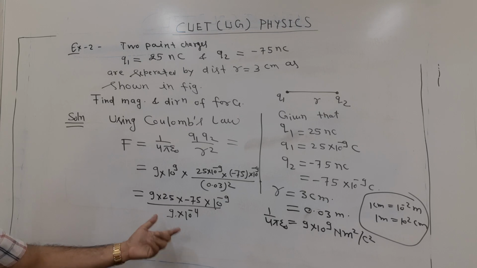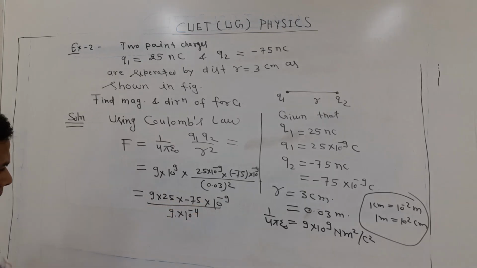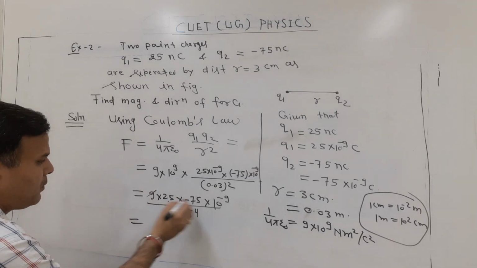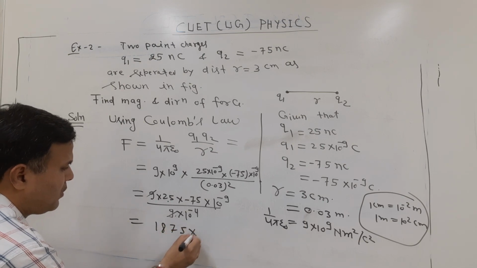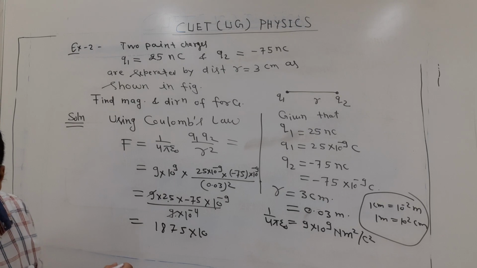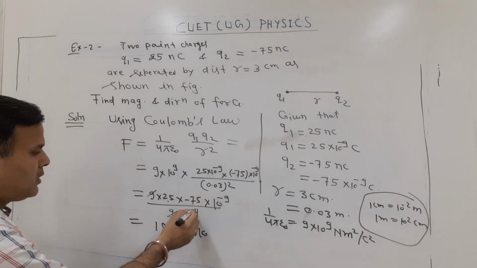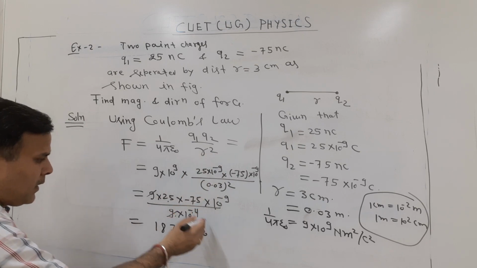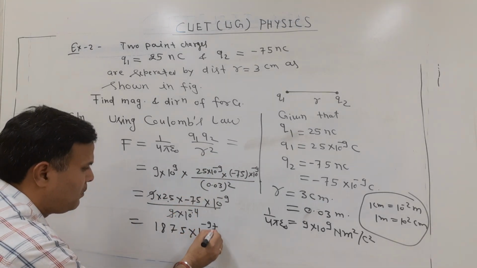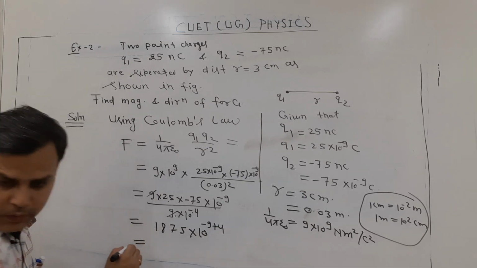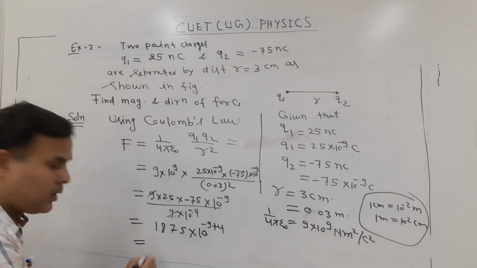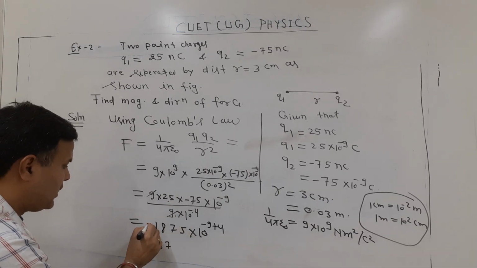After rearranging, this 9 will cancel out, and after calculating we simply have 1875 into 10 to the power minus 5, since this is minus 4 and this is minus 9, so it is 9 minus 4. And the minus sign is also there.